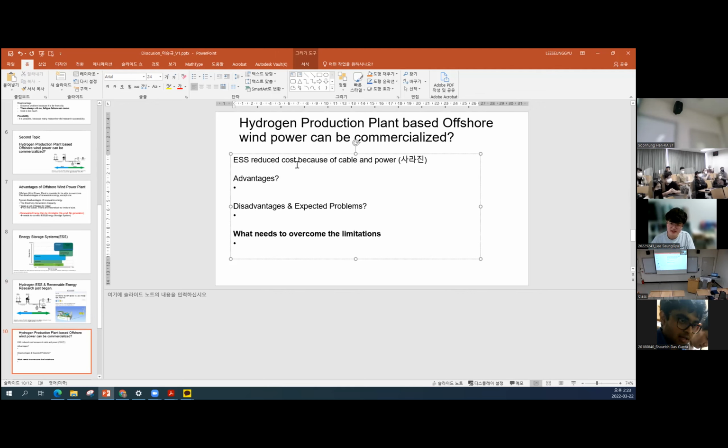So you say it is a very good idea. A hydrogen power plant is a good idea to use a renewable energy system, right? Yes. Okay.